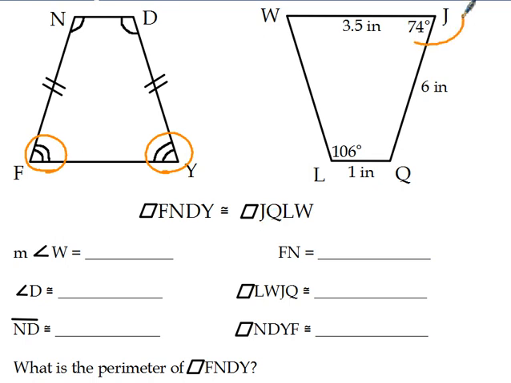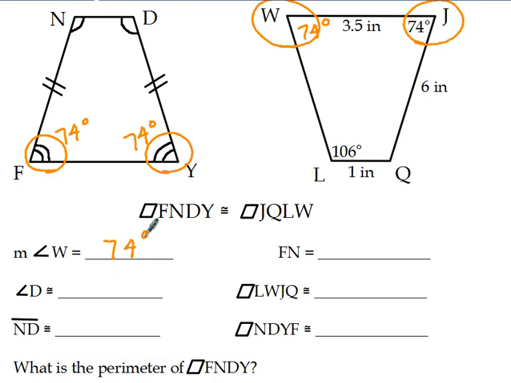So J and W are the same. So all 4 of those angles that I have circled, they're all congruent to each other. So that means that W is 74, and Y is 74, and F is 74. Those are all the same. So that means that the measure of angle W is going to be 74 degrees.